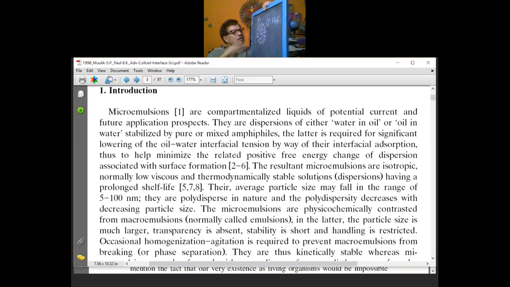Now we have discussed a lot on the structure of the micelles. We will have to discuss the structure of the reverse micelles as well, and then we will go on discussing the structure of emulsion and microemulsion.